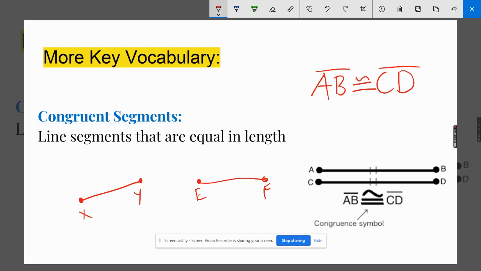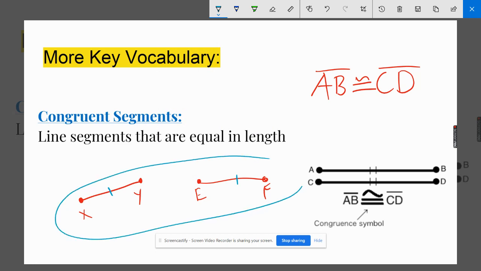In fact, let me use blue to show that these are congruent, and therefore XY is congruent to EF, but XY is not congruent to AB. 2 tick marks, 1 tick mark. Super important thing to take note of there. And we're going to eventually end up with diagrams with tons of things on them. So staying organized like this is going to be super important.